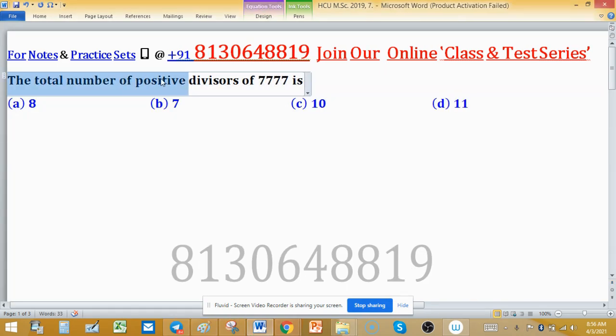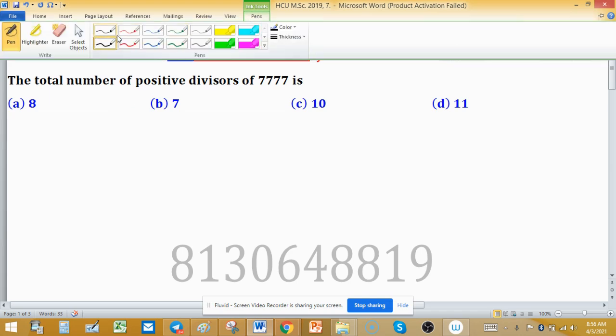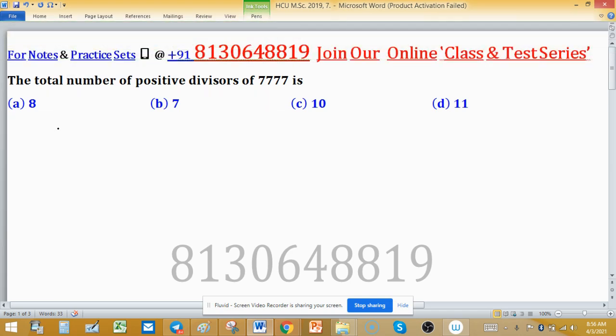The total number of positive divisors of 7777: we find the total number of positive divisors by the function tau n.